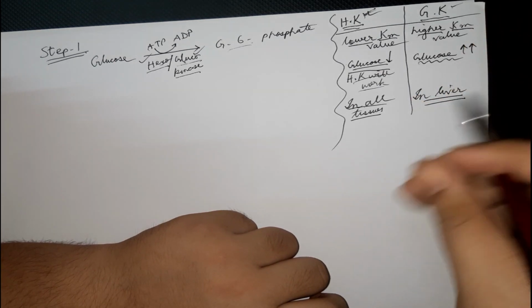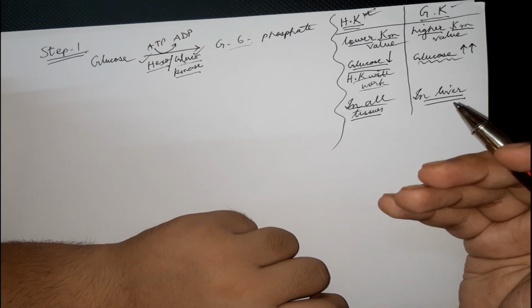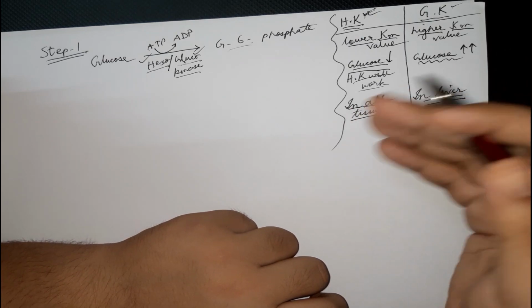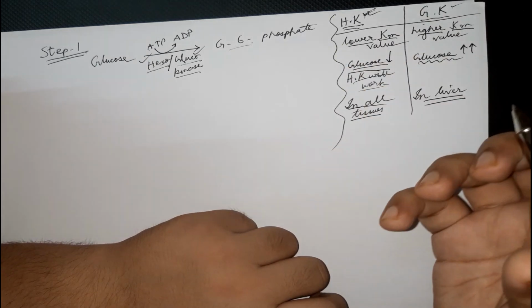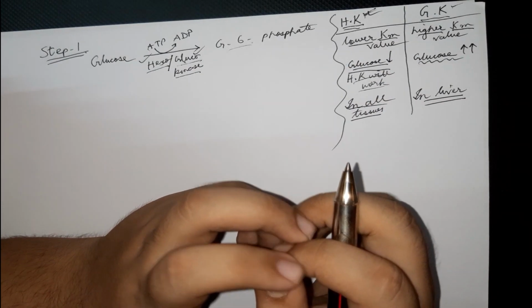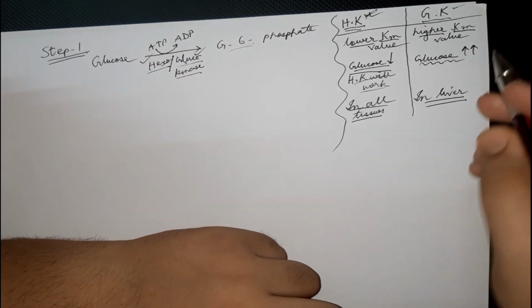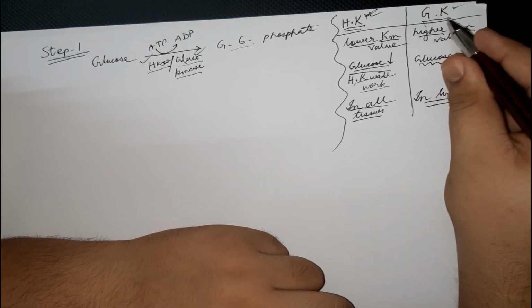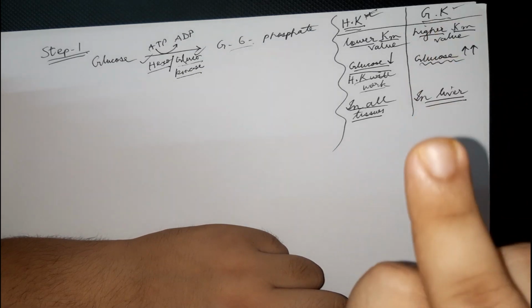And since the liver has a large role to play, via insulin and other actions by which it brings down glucose concentration, one of those actions is inducing glucokinase.